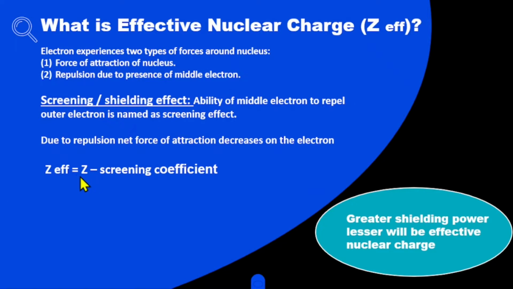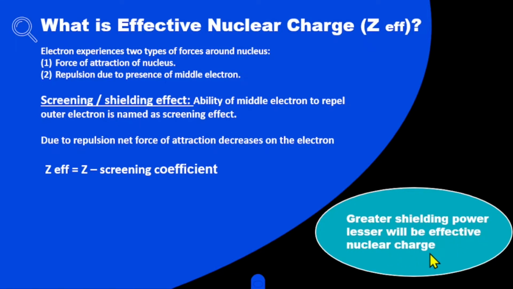We can calculate the screening coefficient, but I will not discuss that in this video. If you want, you can tell me in the comment box, and I can make a different video. With the help of that, you can calculate Z effective. It is very important. It plays an important role in deciding various properties. So the greater the shielding power, the lesser the effective nuclear charge.